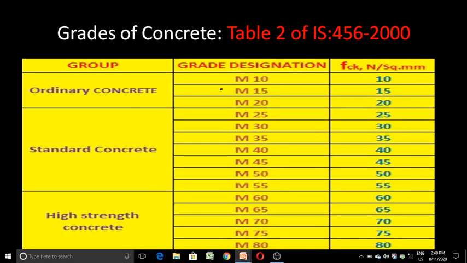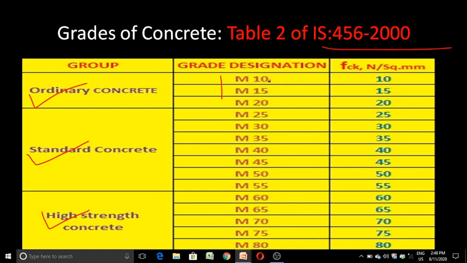As per IS 456-2000, these grades of concrete are categorized into three groups. First, ordinary concrete, second, standard concrete, and third, high strength concrete. In ordinary concrete, the grades are M10, M15 and M20.